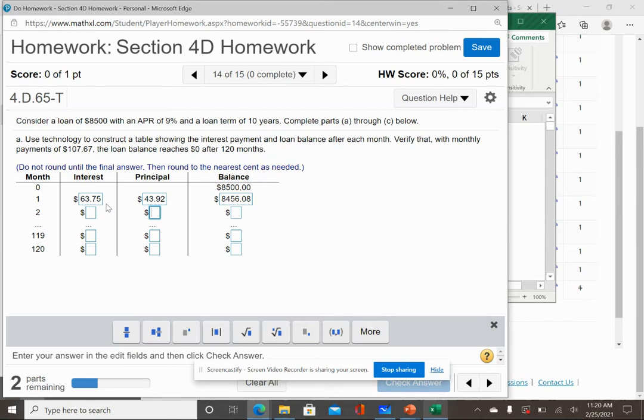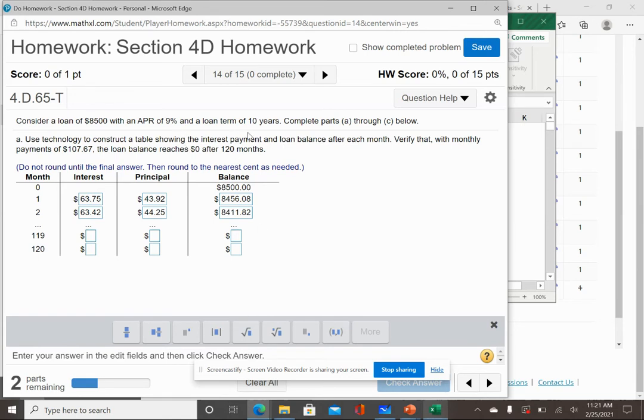Principal amount again was $44.25, and I need to insert my interest amount, which in this case was $63.42. And we're going to follow that with the balance amount of $8,411.82.